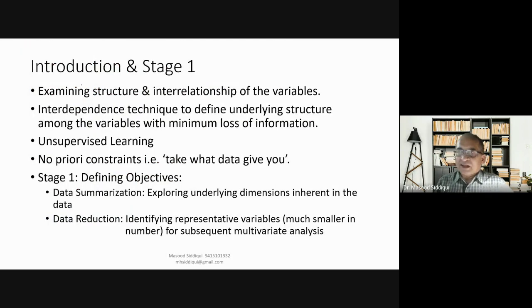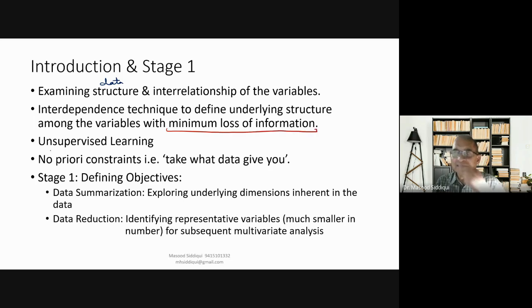So what is the objective? Here we examine the data structure, what is behind the data, or the interrelationship of the variables. This is an interdependence technique to define underlying structure among the variables with minimum loss of information, that we will discuss later on.